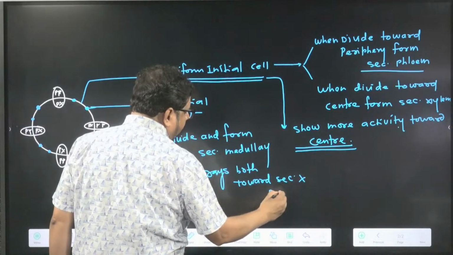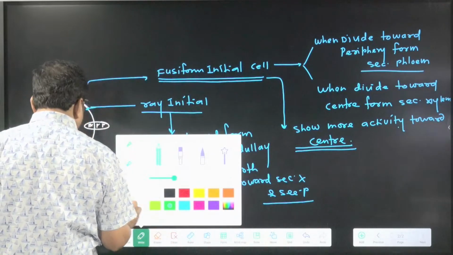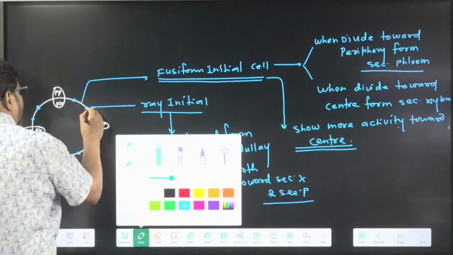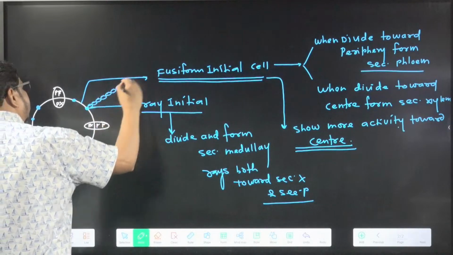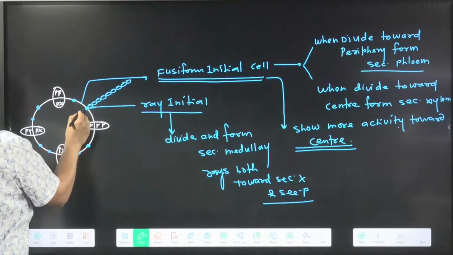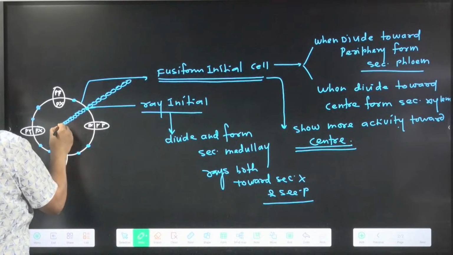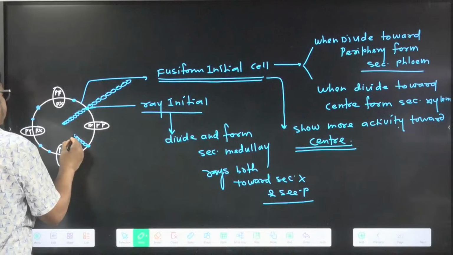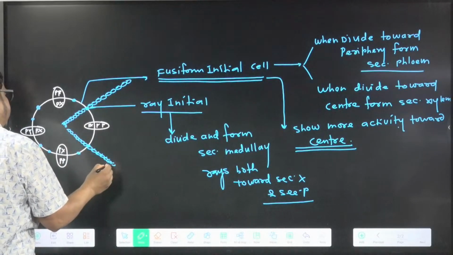I am just telling you how this blue cell, the ray initial, is dividing. Look here. When it divides toward the periphery, it is toward secondary phloem. When it divides toward the center, it is toward this side. So what are these basically? These are the secondary medullary rays.